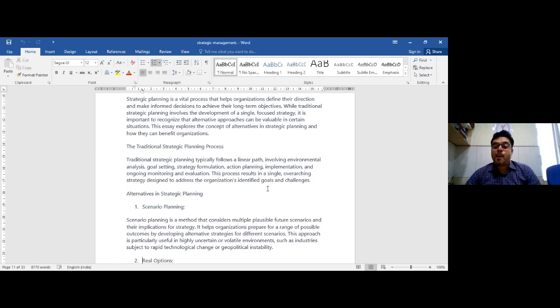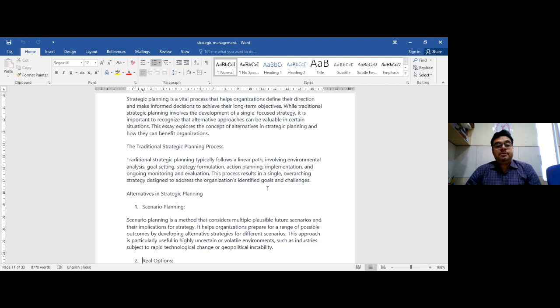So, scenario planning. What is meant by scenario planning, and how does it operate, or how does it help in the strategic planning process? Now, any organizational action would begin with a fundamental brain work, homework with regard to the various scenarios, the alternatives, because selection of a strategy fundamentally would involve choice.